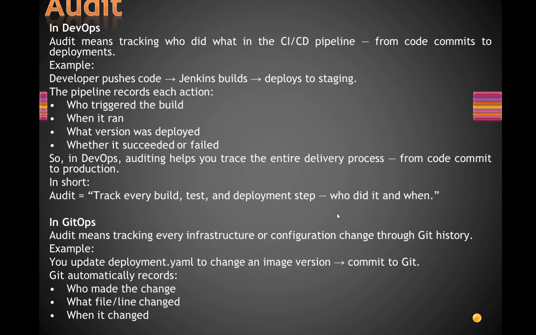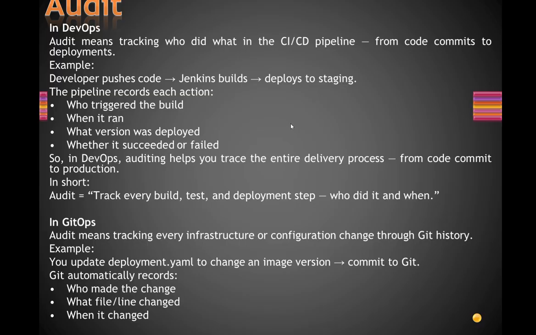Audit. In DevOps, audit means tracking who did what in the CI/CD pipeline, from code commits to deployment. Example, a developer pushes code, Jenkins builds and deploys to staging. The pipeline records each action: who ran the build, when it ran, what version was deployed, and whether it succeeded or failed. So in DevOps, auditing helps you trace the entire delivery process from code commit to production.